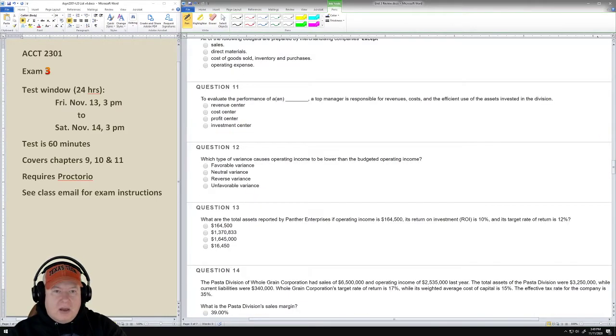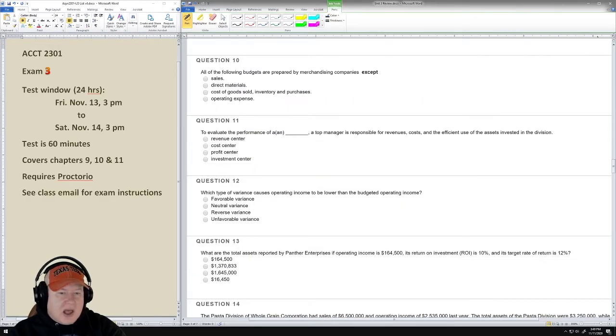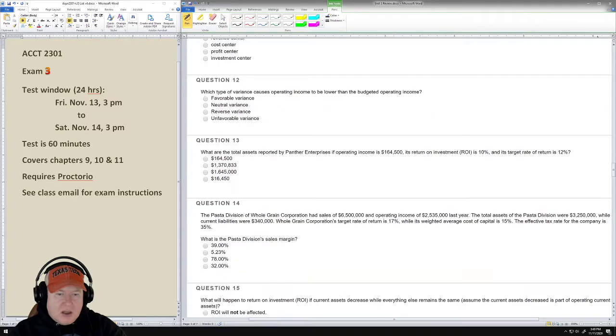Okay, moving on. So I think this page was a lot of knowledge questions. I'll just point out here, like question 13, it's asking you to know what the ROI is. Down here, it's asking you to know what the sales margin is. Just make sure you know those equations.